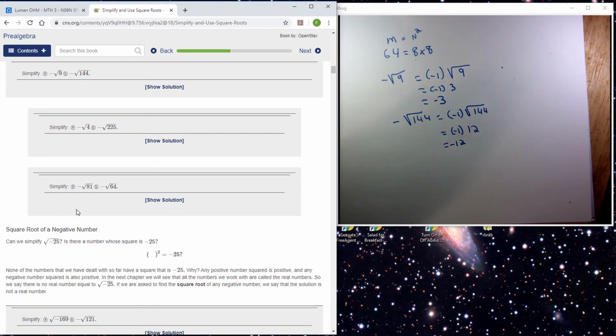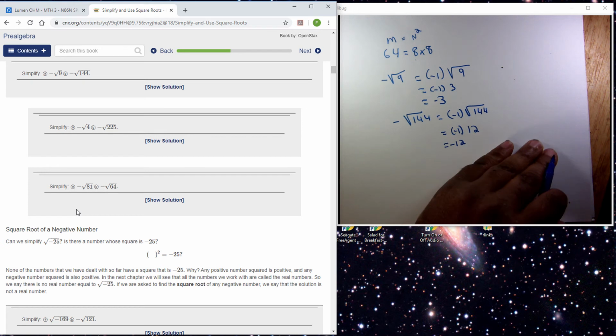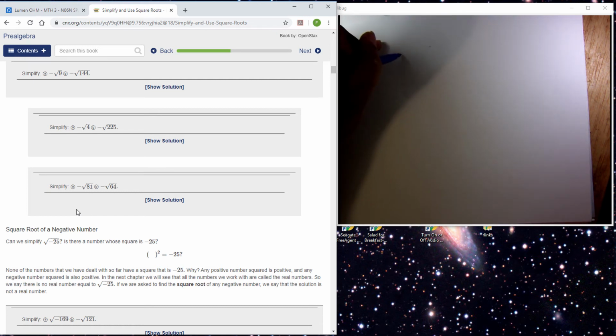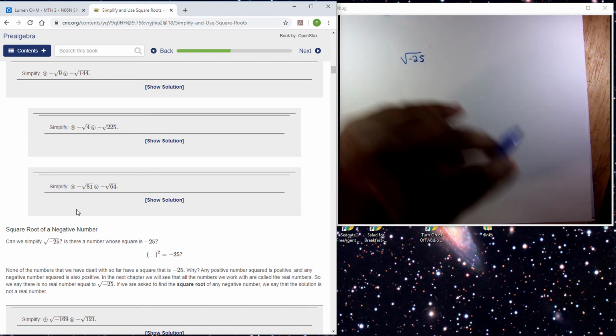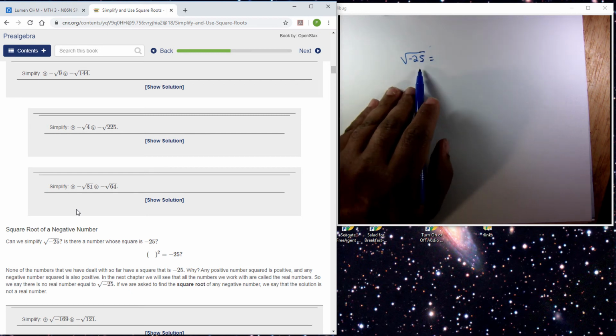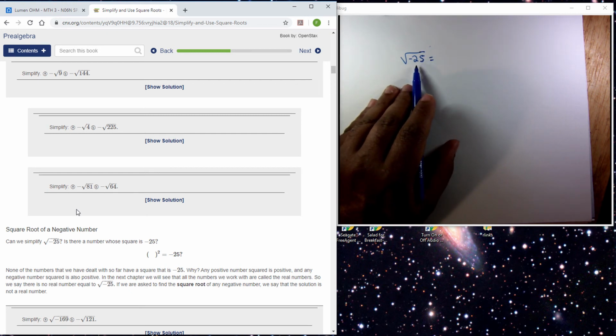Now, let's take a look at this special case. You've seen that when the negative is on the outside, it's no problem. But when you have a negative number on the inside, then you're going to have a problem. What number, when repeated by itself, will give me negative 25?